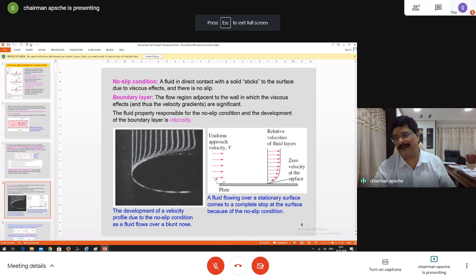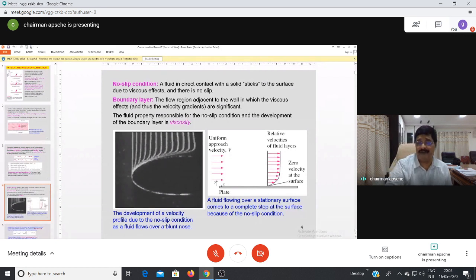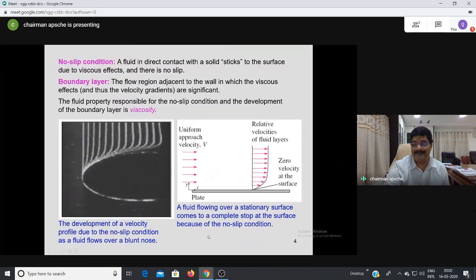So there is one layer right on top of the surface where the frictional effects are felt. We need to discuss it a little in detail.